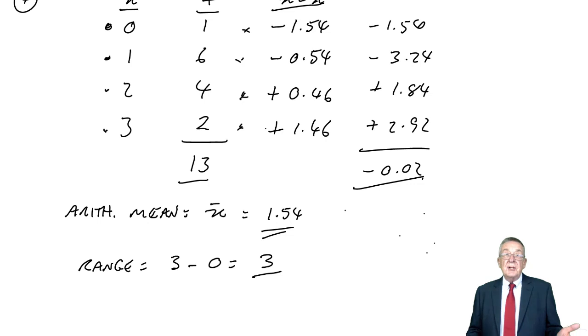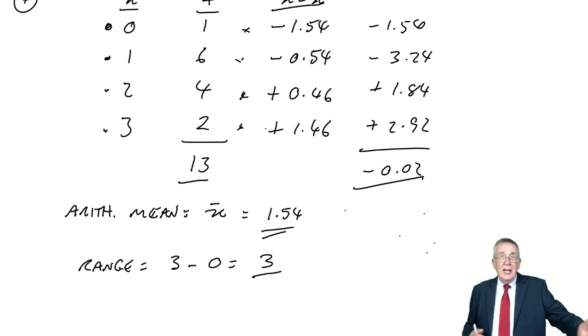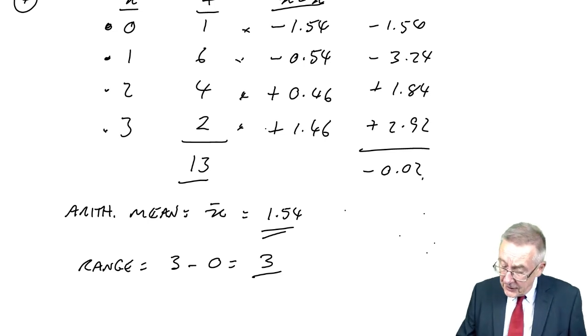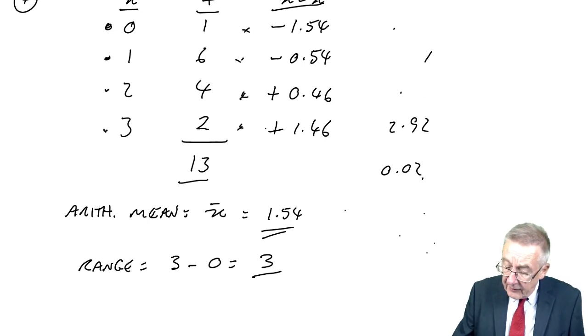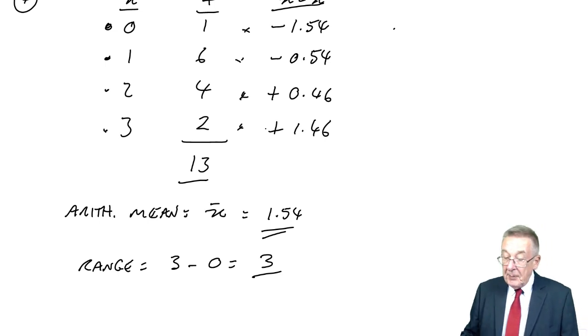The reason I get minus 0.02 is because of the rounding before. But effectively, they're going to add up to 0. They must do. There are as many below as there are above. And so that doesn't tell us very much. It's because of the sign problem. The minuses cancel out the pluses.